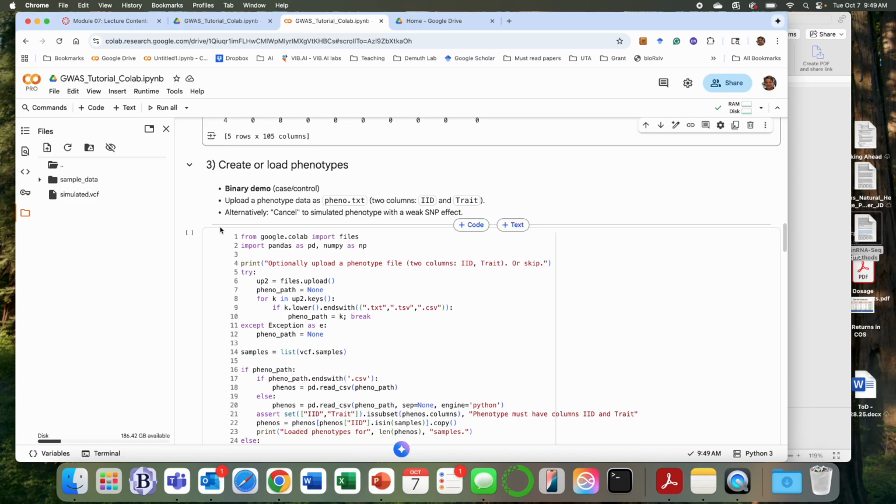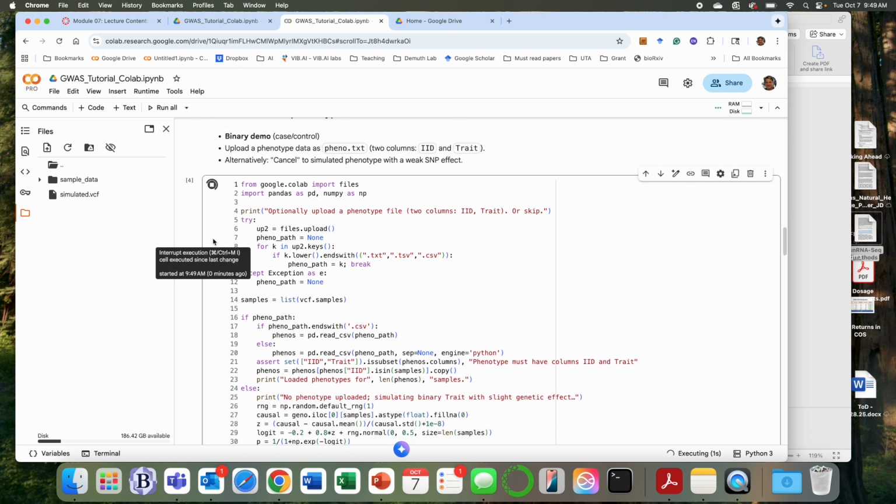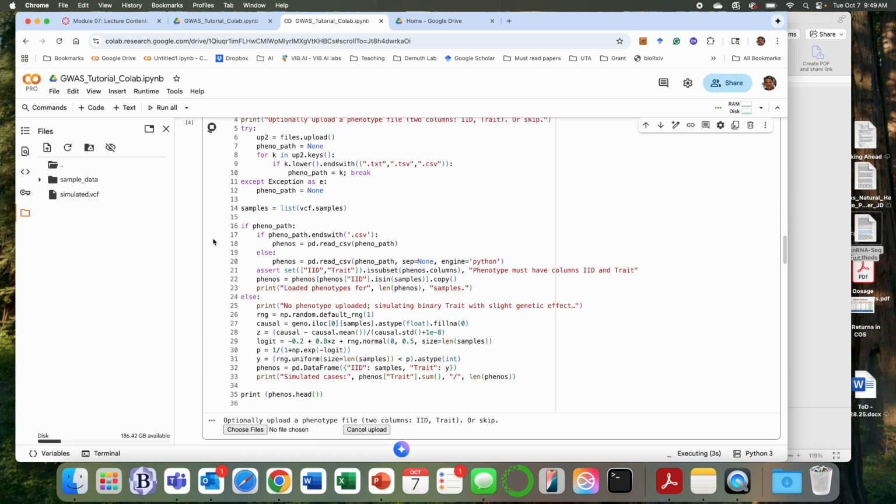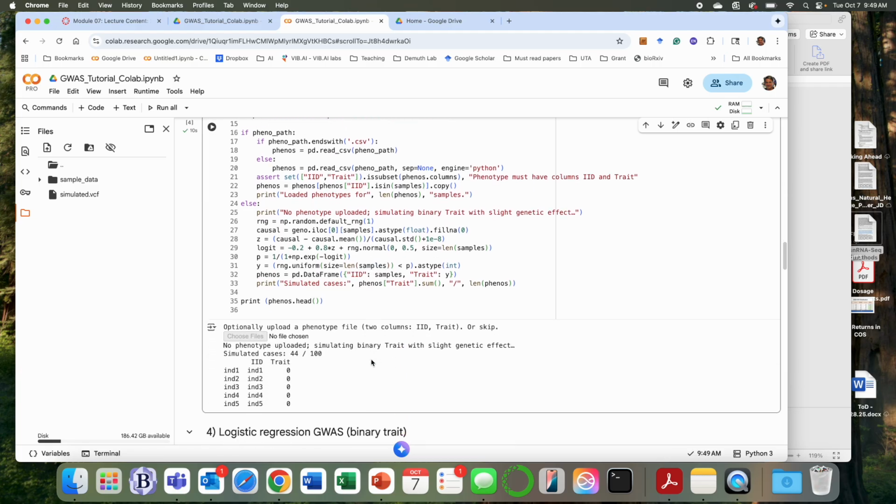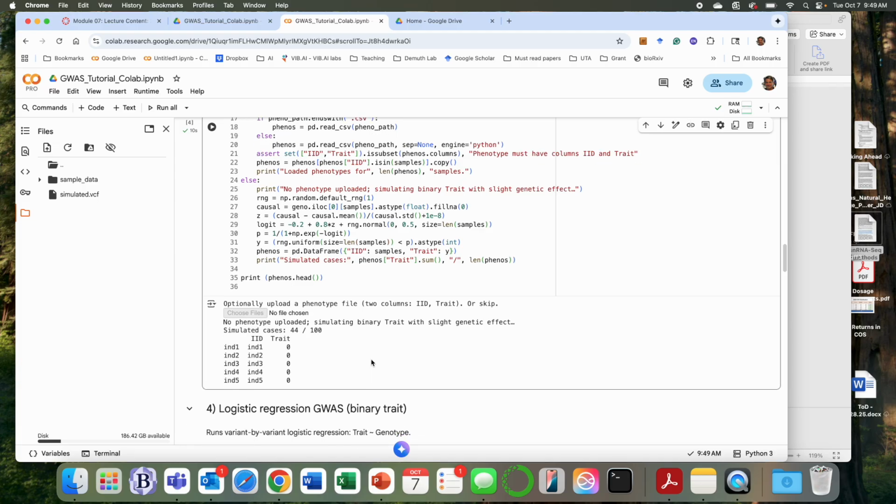Everybody following so far? It's working. So the next step is to load phenotypes. We don't actually have phenotypes for this one, so if you hit cancel, it's going to simulate them.